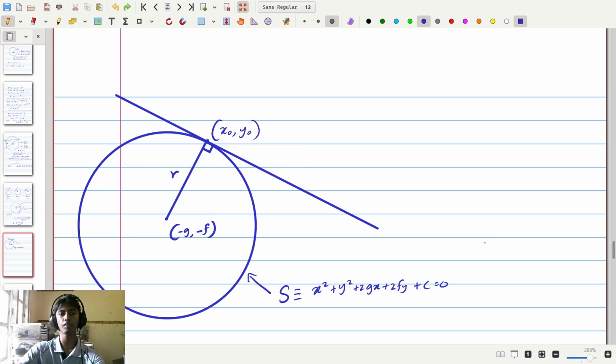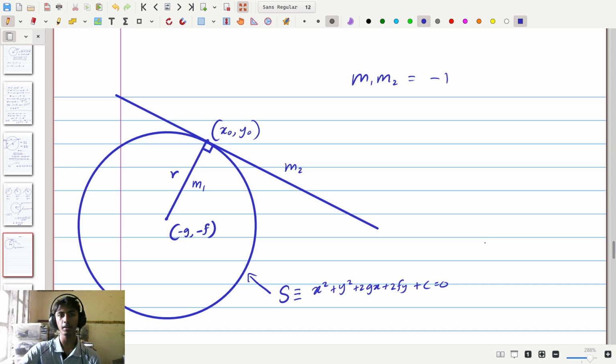To start off, let's suppose that the gradient of this radius is m1 and that the gradient of the tangent is m2. We know that if two lines are perpendicular to each other, then the product of their gradients is equal to negative 1. Therefore, m1 m2 must be equal to negative 1. We also know m1.